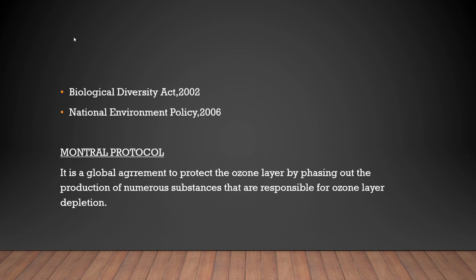So Montreal Protocol is a global agreement to protect the ozone layer by phasing out the production of numerous substances that are responsible for the ozone layer depletion. You know, carbon dioxide produced by man.